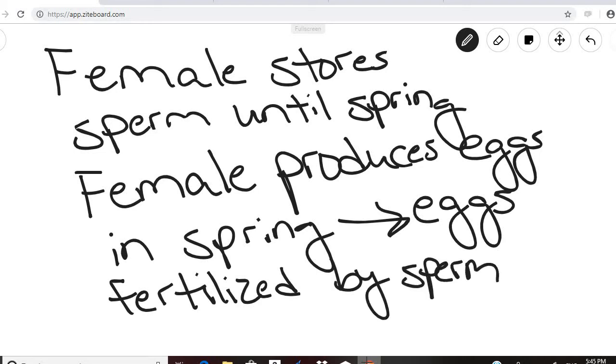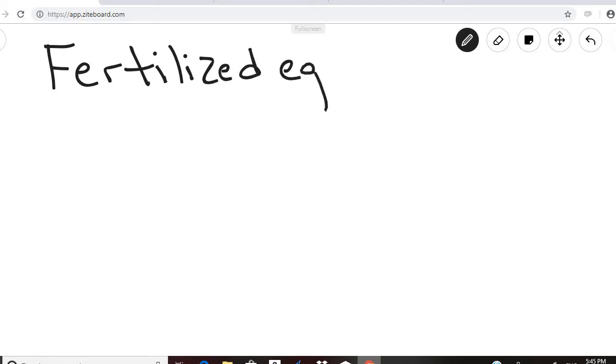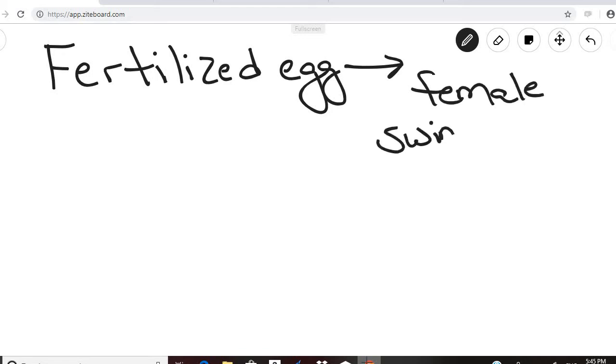Okay. Then what happens is that those fertilized eggs get placed on the female swimmerets. They go to the female swimmerets, and they will develop while on the female swimmerets, and they'll stay there for about 6 weeks, and then they hatch.